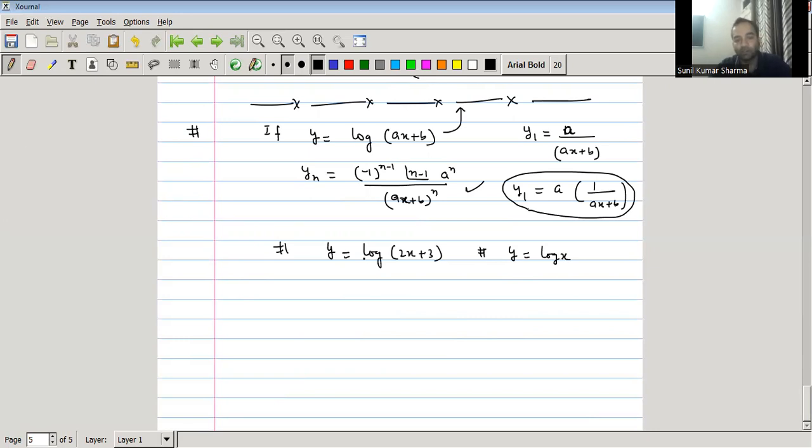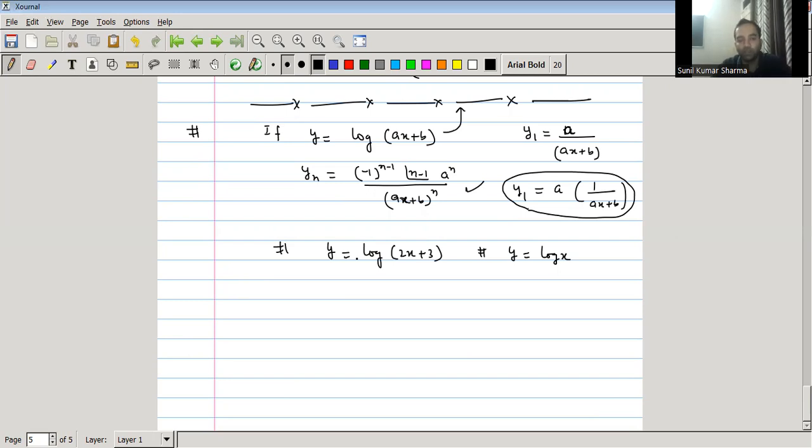So in this, what we have discussed, we have taken various functions. y is equal to ax plus b to the power m, and we have found yn. Second, we take 1 upon ax plus b, then we differentiate n times. And third part, we take y is equal to log of ax plus b, and we try to find out yn.